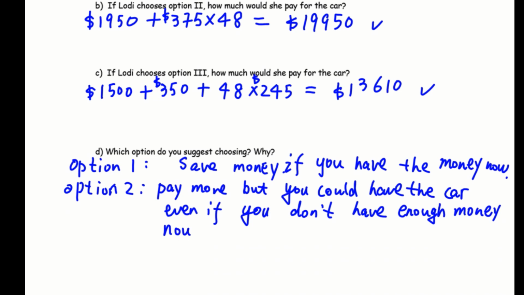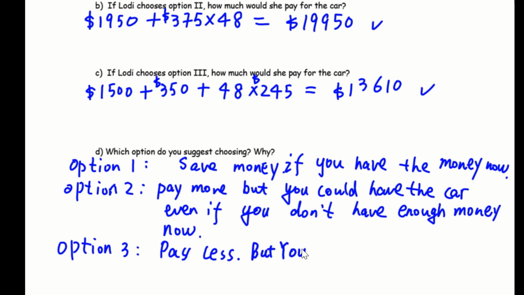And option 3, if you suggest that one, then you could say that they pay less. The only drawback is you don't own the car, so you may have a buyback at the very end of the lease agreement.